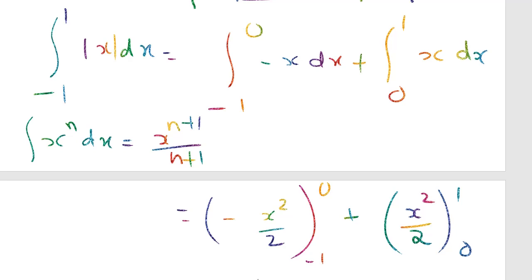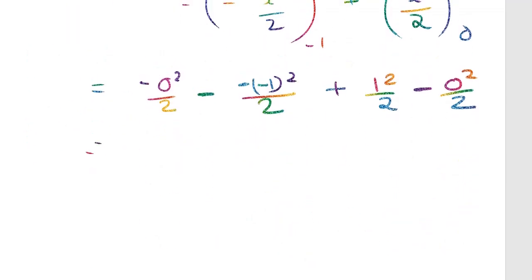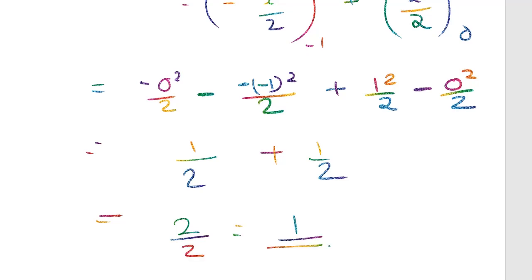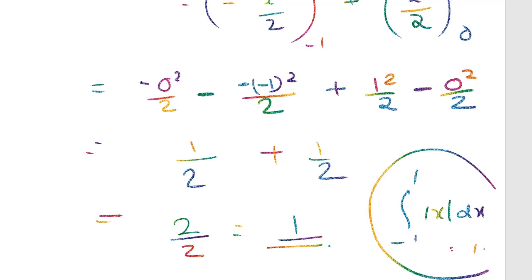When you simplify this, you will get 1 by 2 here, and again 1 by 2, so 1 by 2 plus 1 by 2 is 2 by 2, which is equal to 1. So the final answer for the integral from -1 to 1 of mod x dx is 1. I hope today's video about the additive interval property is clear. Thank you so much.